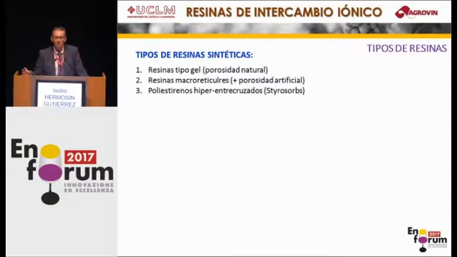because what we're interested in this case is taking away the smaller and larger volume ion. One sodium or calcium ion, well, they are two different things. Their size is different, and macro-reticulated resins can be used for that purpose.